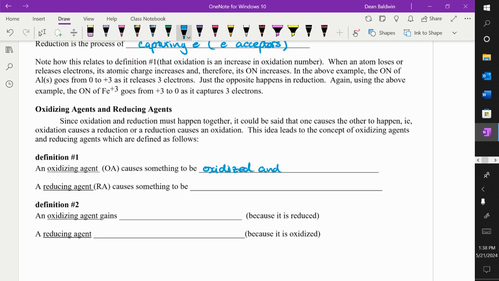So that means you gain the electrons, so you are reduced. So it causes something to be oxidized and is itself reduced. A reducing agent causes something to be reduced and is itself oxidized.